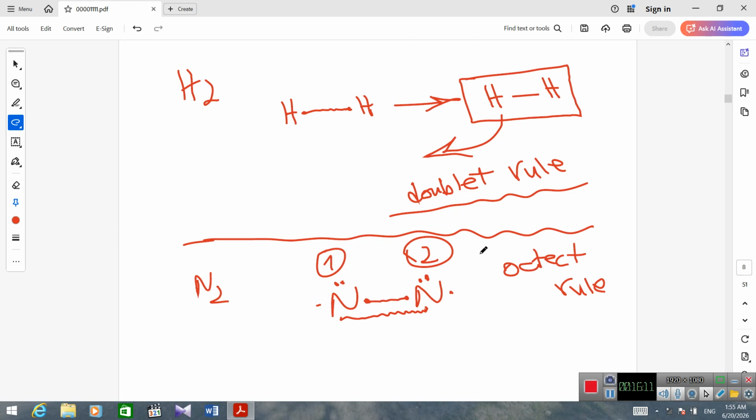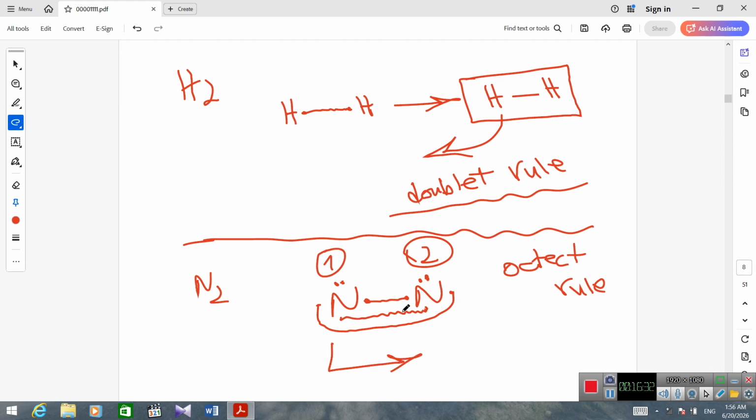Due to the octet rule I have to form another covalent bond, and again 2, 4, 6, 8.